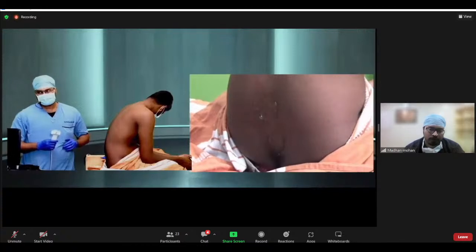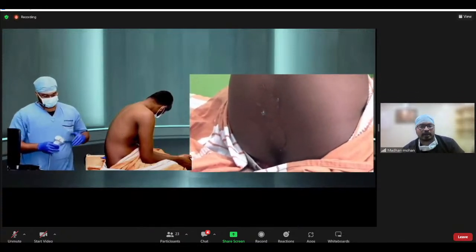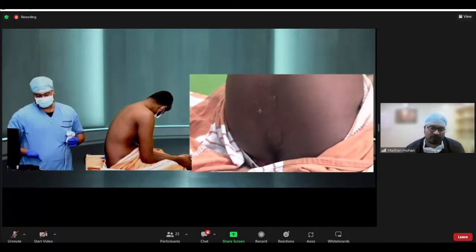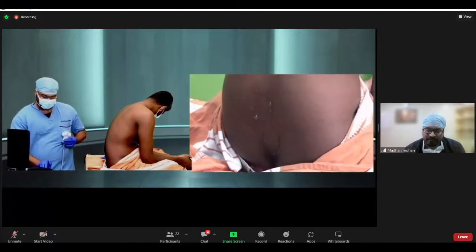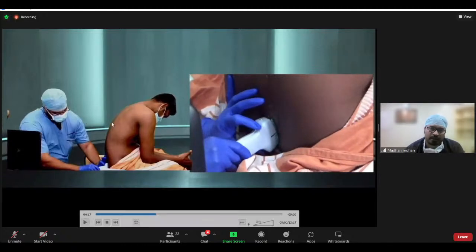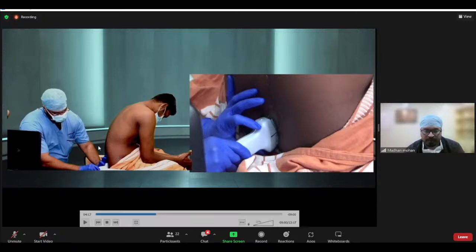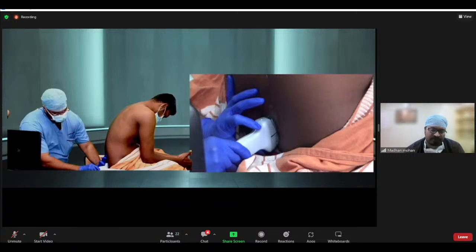So I'm going to scan this volunteer, and we are going to see the same structures which we saw in the spine phantom. So again, coming to the ergonomics, the patient can be kept sitting or in lateral position, and you try to keep the ultrasound in front of the person who is doing the scan, either on the left side or the right side, whichever is comfortable for you.